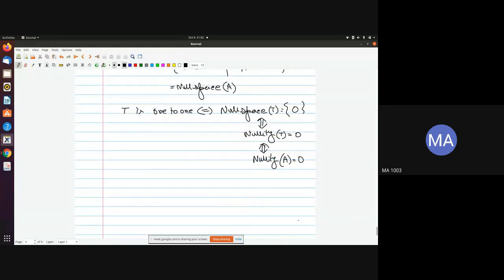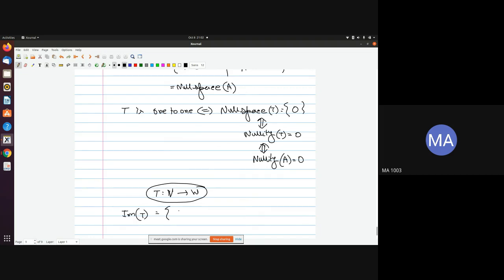Now, what about rank? Is there anything analogous to the rank of a linear transformation? That is the next thing we find. T is a V to W mapping. What is the image of T?